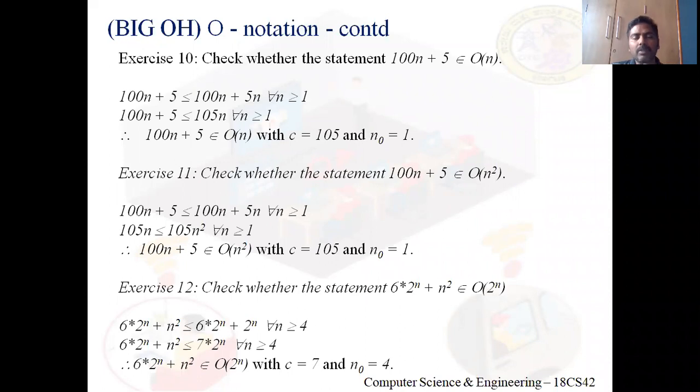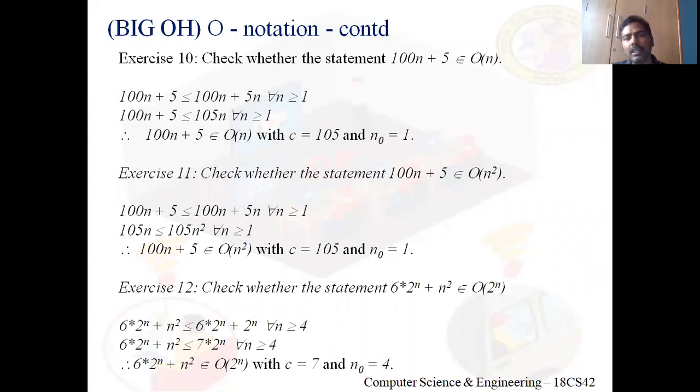Now, as per the concept of big O notation, I can say some function T of n belongs to big O of G of n if T of n's growth rate is lesser or equal to the growth rate of G of n. Here, in the LHS, 100n plus 5 is linear.